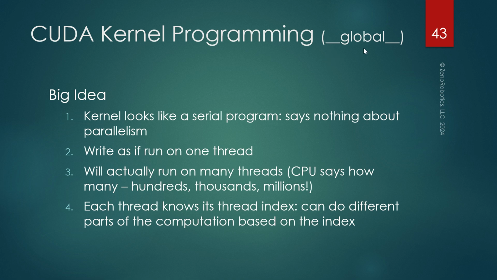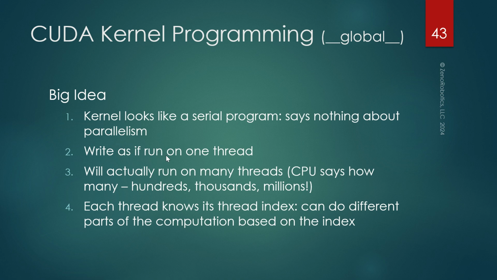So this is that global that I was telling you about. So the kernel looks like a serial program, and I will show you an example. We haven't really gone over an example, but it says nothing about parallelism other than, in its vagueness, an index, which is what you will typically see for an array or a matrix.